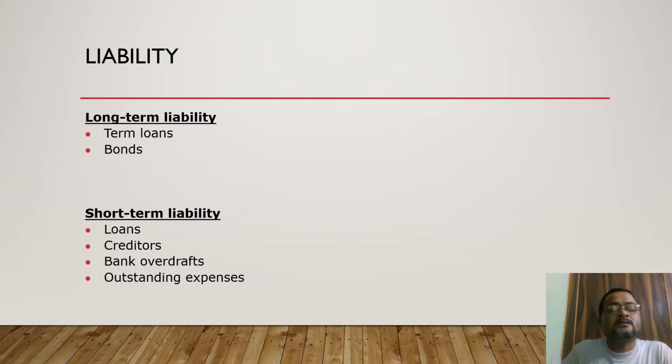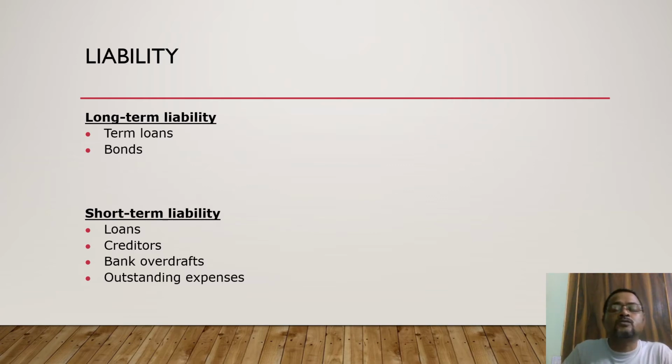So these liabilities don't exist in the books beyond 12 months. On the other hand, long-term liabilities are those liabilities which are generally of 3, 4, 5 to 10, 20 years of duration. So they exist in the books for a long period of time. They will be repaid over a long period of time.